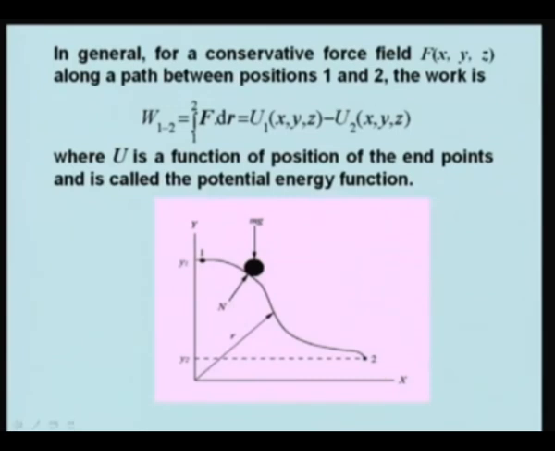U1 and U2 are functions of x, y, z. U1 is y1, a function of x, y, z in which the other coefficients are 0. So U is a function of position of the endpoints and is called the potential energy function.